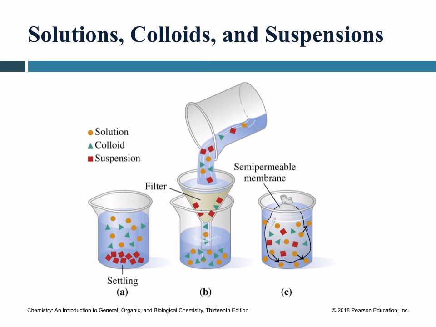Solutes in a solution, such as ions, atoms, and small molecules, seen here as yellow circles, are small enough to pass through a semi-permeable membrane, while particles in a colloid and suspension, e.g. larger molecules, are trapped. Many biological processes take advantage of the different ways that particles move through different media.